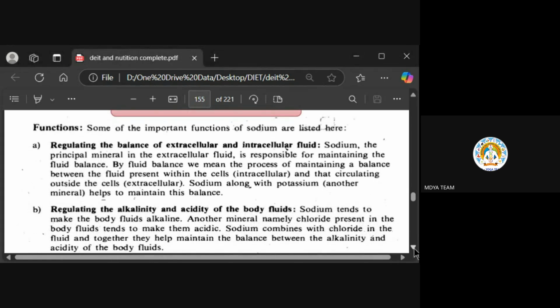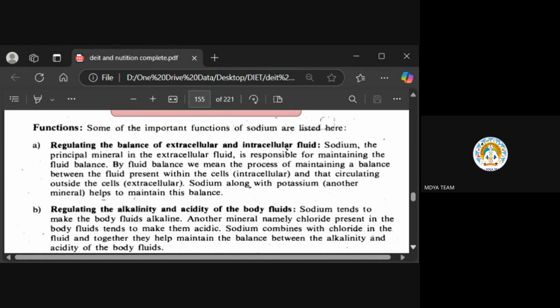Then next is regulating the alkalinity and the acidity of the body fluids, because sodium basically makes the body fluids more alkaline, and the balancing of the body should be such as to maintain both. It should not be too much or slightly acidic.